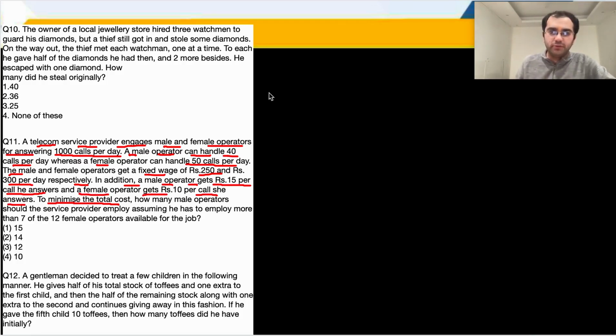So therefore, we now have a cost. For cost, let's say that there are male operators M, and each male operator is handling 40 calls per day. So therefore 40 M, 40 calls per day, and for each call a male operator is getting 15 rupees per call.